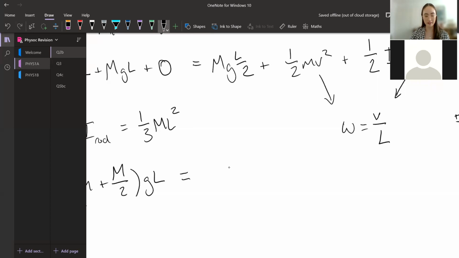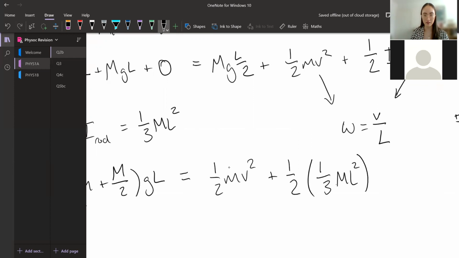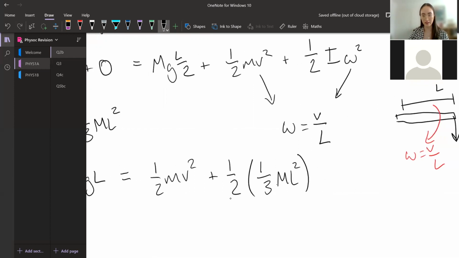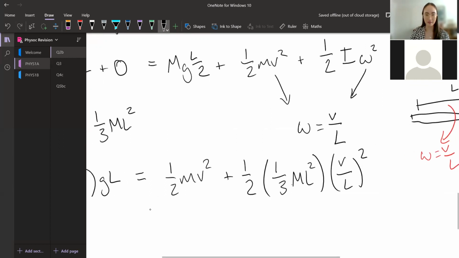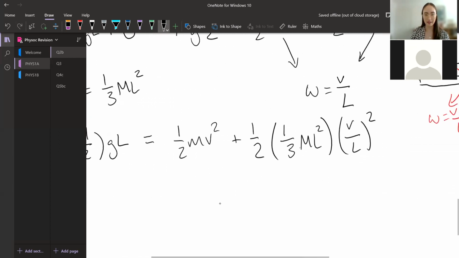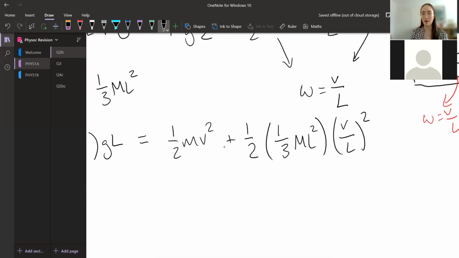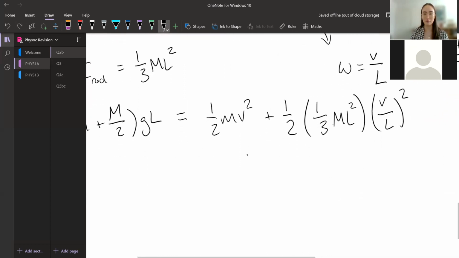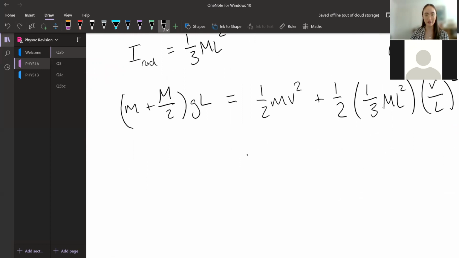In this case, it is half mv squared plus half the moment of inertia of the rod and the angular velocity squared. Rearrange that all to get it into some term that gives us what the velocity is going to be.